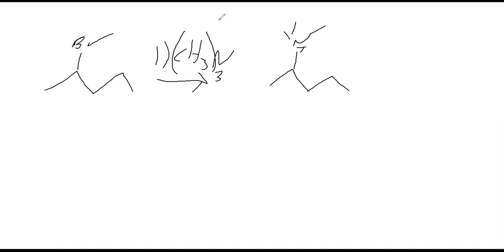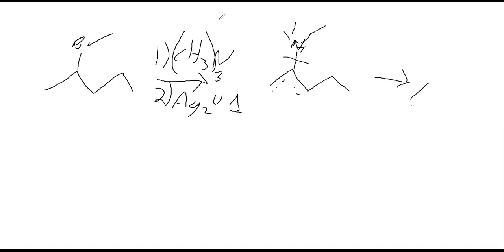And then step 2, we have the silver and the heat. So what is that going to do? That's going to cleave this, and we're going to form a double bond at the least substituted spot. So we can either go there or there. Which one's fully substituted? Well, the left one.